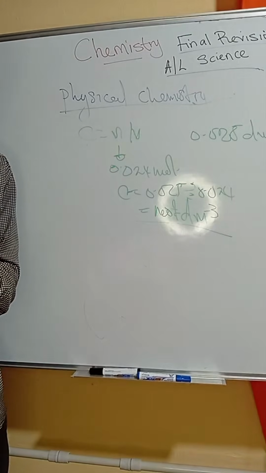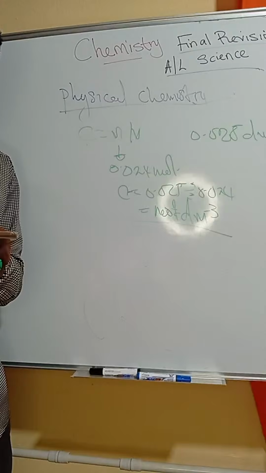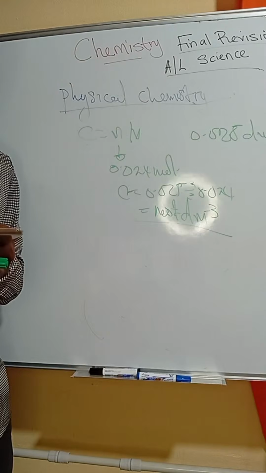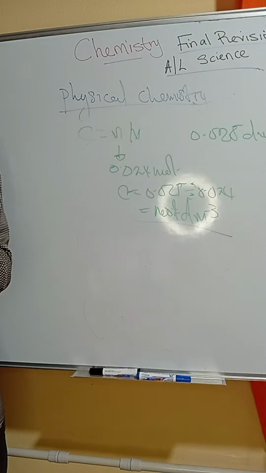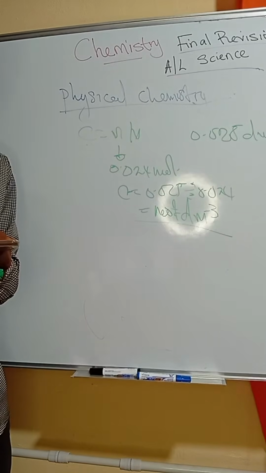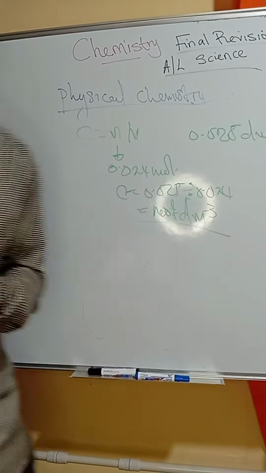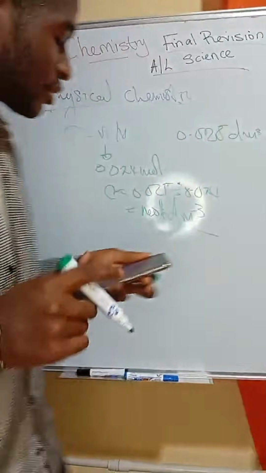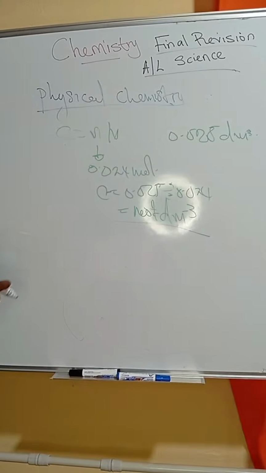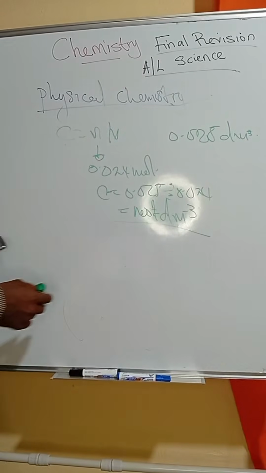Now, the next part of the question says: a sample of oxygen consisting mainly of isotope oxygen-16 was enriched with oxygen-18. The composition of the mixture was 0.75 grams oxygen-16 and 0.25 grams oxygen-18. Calculate the RAM of the sample. This is very simple, because we are talking of percentages that sum up to 100.